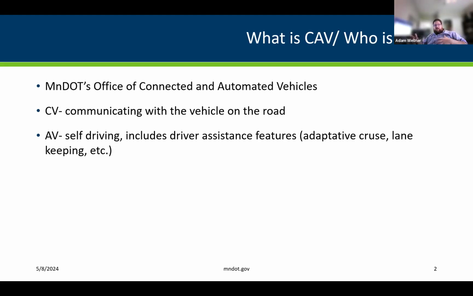Connected vehicles are any sort of vehicle that communicates with other vehicles or infrastructure. And automated vehicles are any kind of self-driving vehicle, which would include driver assistance features like adaptive cruise control, lane keeping, and automatic emergency braking. So it's a pretty broad definition for automated vehicles.